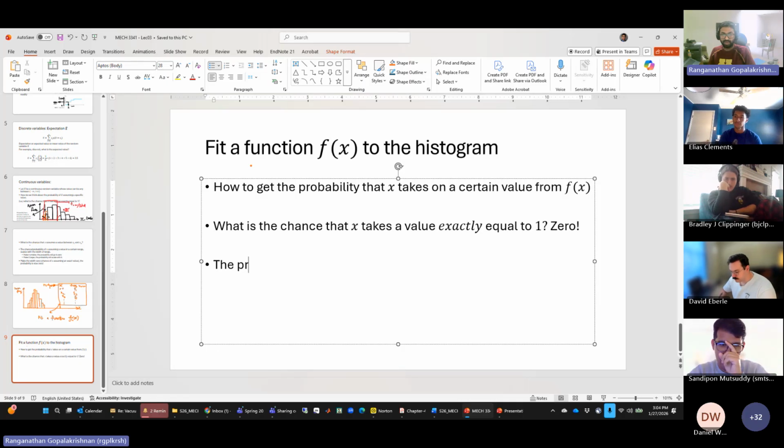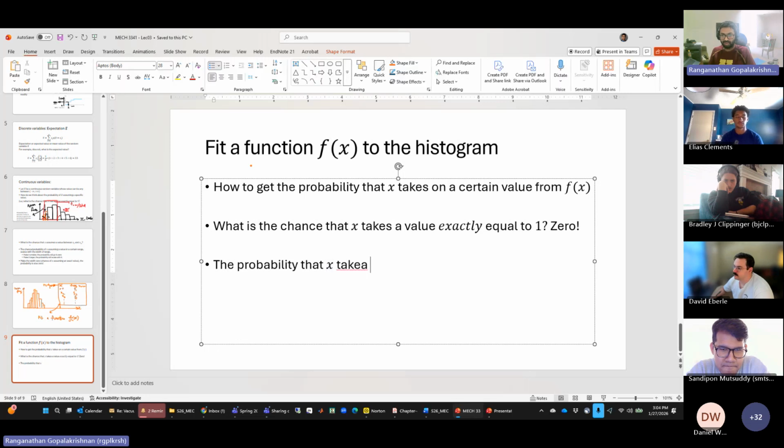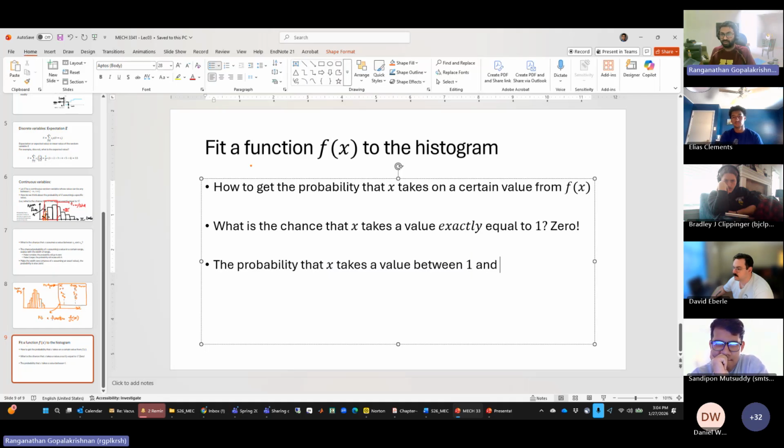Okay, so the chance that x takes a value exactly is 0. Then the probability that x takes a value between, let's say, 1 and 3 should scale with the width, which is 3 minus 1.